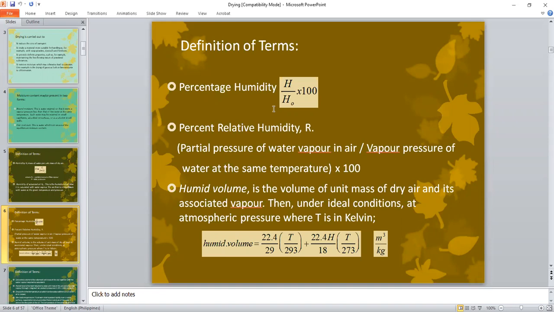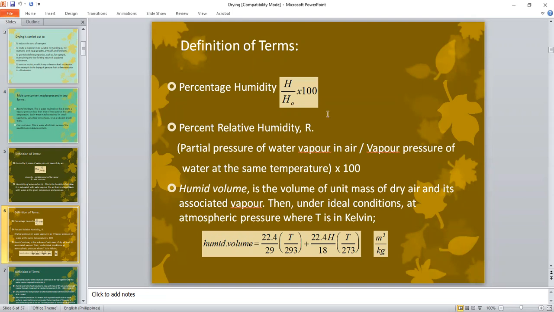Now, percent relative humidity, on the other hand, is represented as R. Oh sorry class, there's a typo here. Percent relative humidity is capital H with the subscript R. Okay? Now, for this, we have the partial pressure of water vapor in air divided by the vapor pressure of water at the same temperature.